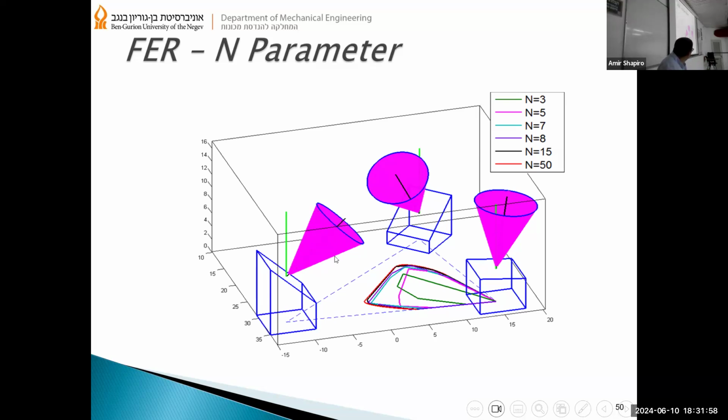Then the support polygon, which here is this triangle, is reduced to this area, which is smaller than the actual support polygon. The vertical line is the direction of the gravity.